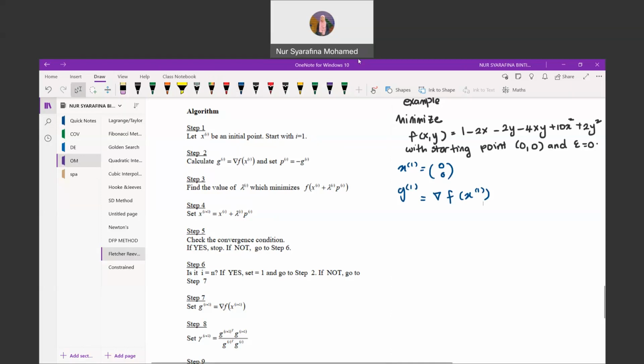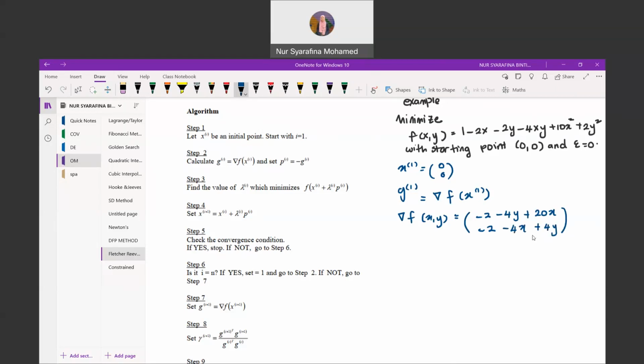So we need the derivative of f here, which is del f of (x, y). Just differentiate this with respect to x and with respect to y partially, one by one. So we have minus 2 minus 4y plus 20x, and then another one, minus 2 minus 4x plus 4y.